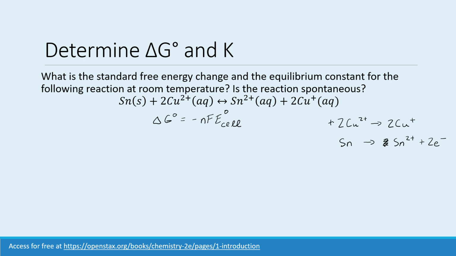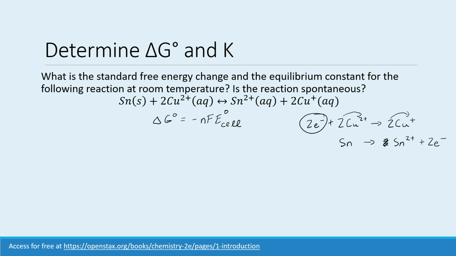And you can do the math, but you'll see that you also have to add 2 electrons to that top reaction, right? Because you've got an overall 4+ charge here and an overall 2+ charge here. And so you need to reduce that 4+ by 2 electrons.